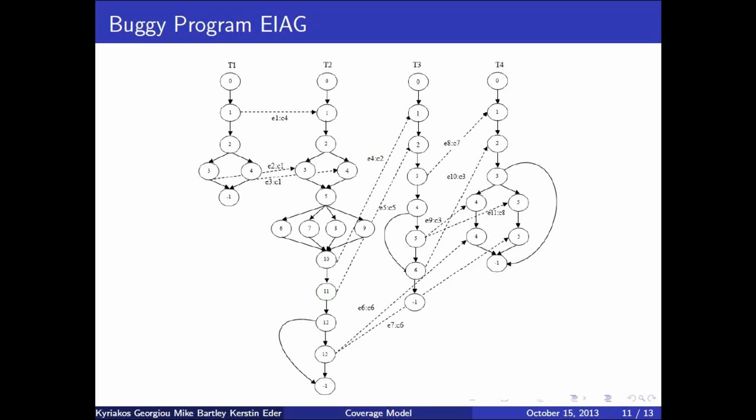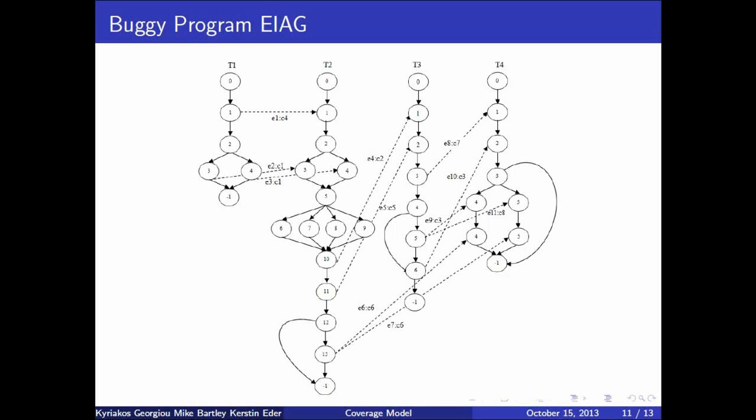So now you create the event interaction graph and again collect all the feasible seen sequences, and now you can compare them against the one that you have specified in the communication protocol, and test for protocol compliance.